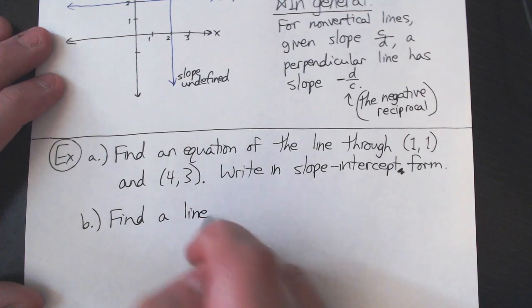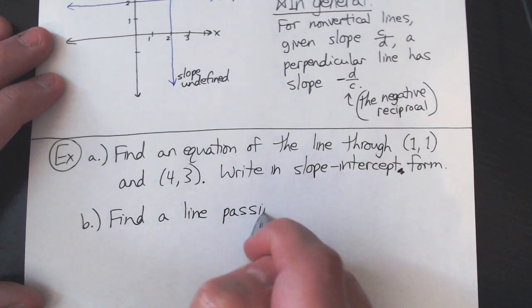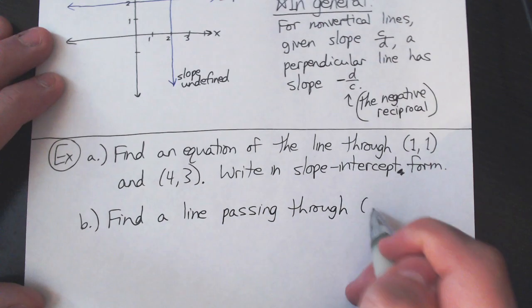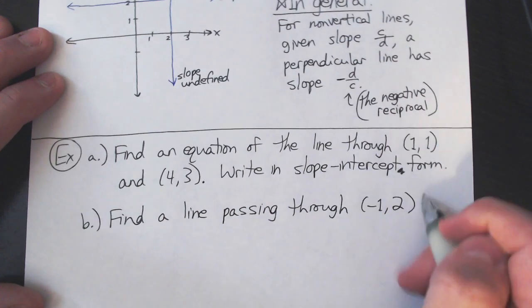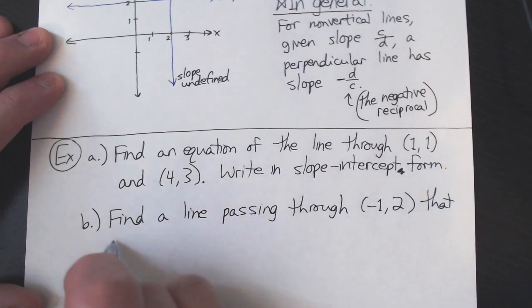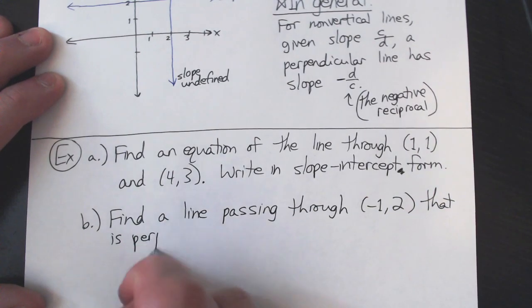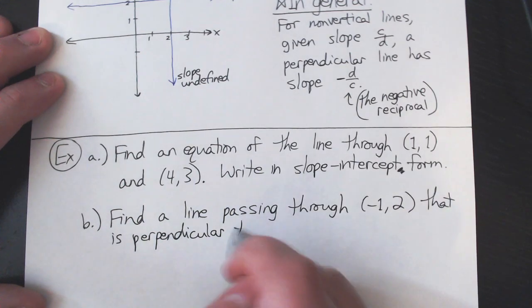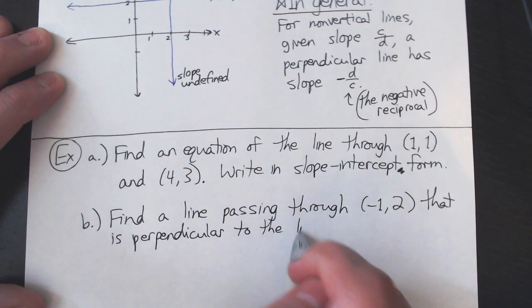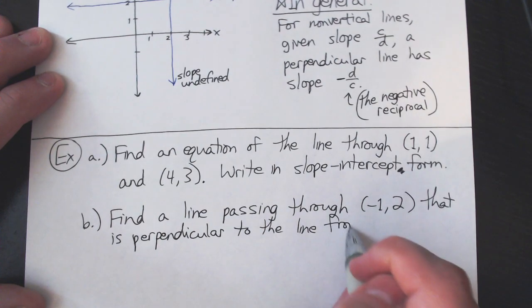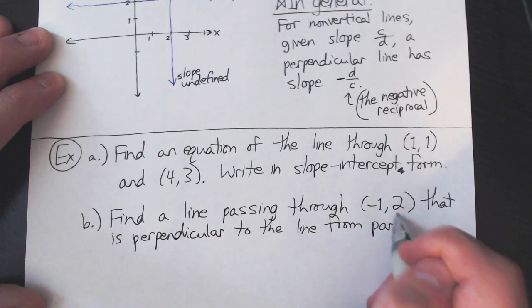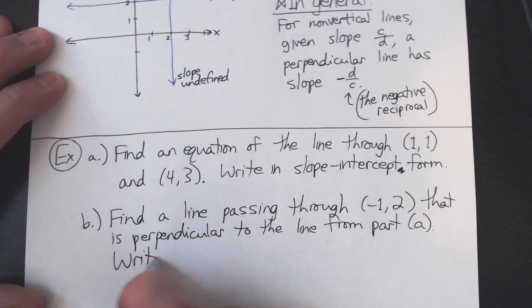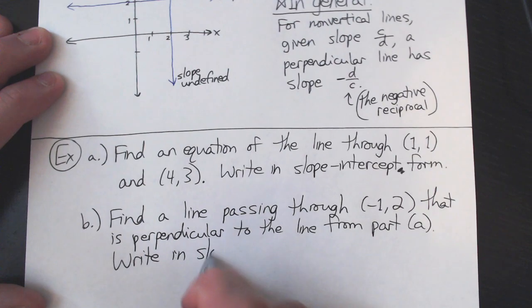Part B, find a line passing through (-1, 2) that is perpendicular to the line from part A. Write in slope-intercept form.